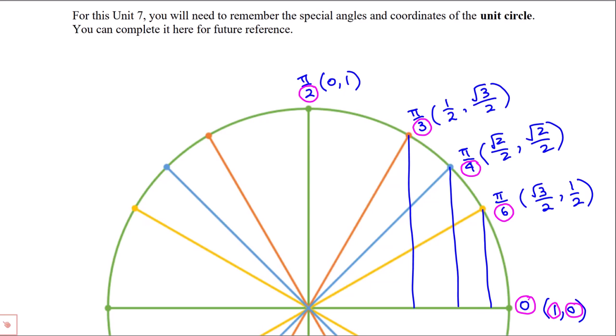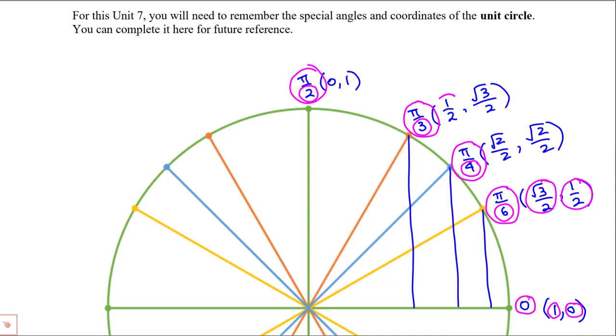So this is our 30-degree angle, 45-degree angle, 60-degree angle, and 90-degree angle. And since this x has to be bigger than the y, the root 3 comes first, the 1 comes second.